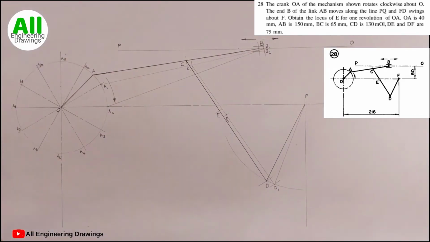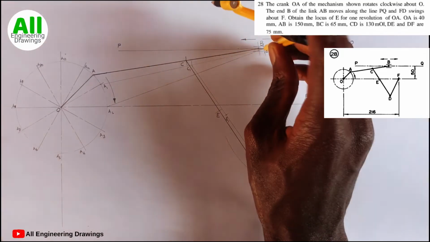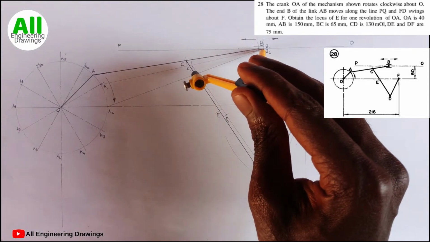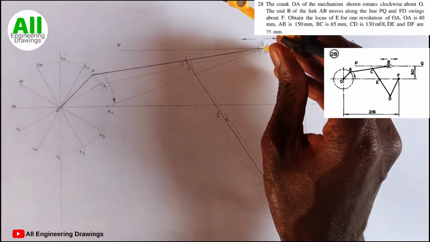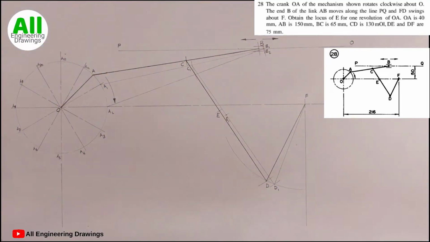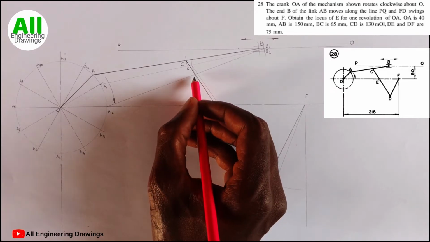So now I can place the compass on point B2. Then I will cut an arc. The point where the arc cut through, I will label that point C2.